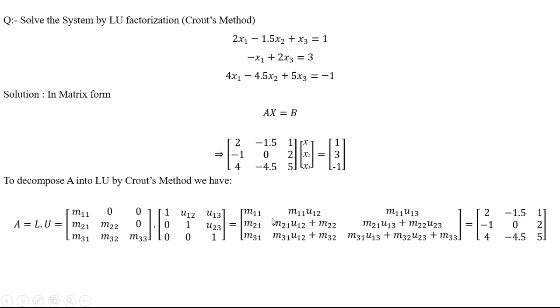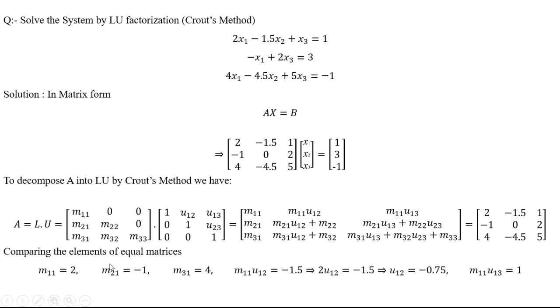So here m11 will be equal to 2, m21 will be equal to -1, and m31 will be equal to 4. And also m11 u12 is equal to -1.5, as we have found the value of m11. So we will substitute the value of m11, which is 2. After substituting, we will shift this 2 to the right side, and after dividing -1.5 by 2, we will get -0.75.